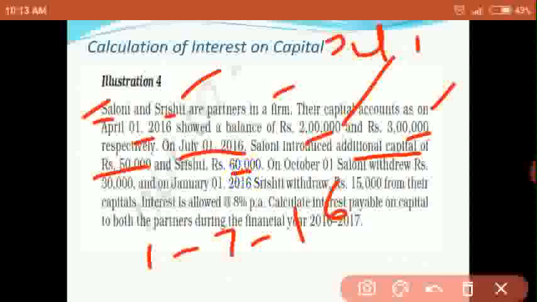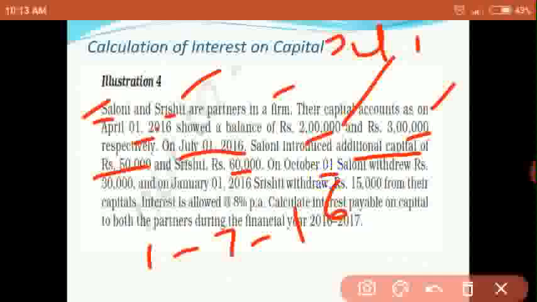So 50,000 for Saloni and 60,000 for Srishti. This additional capital is given in the problem. They had already contributed in the beginning, that is 2 lakh and 3 lakh. Again on 1 July 2016, Saloni introduced 50,000 and Srishti introduced 60,000. This is one additional capital.